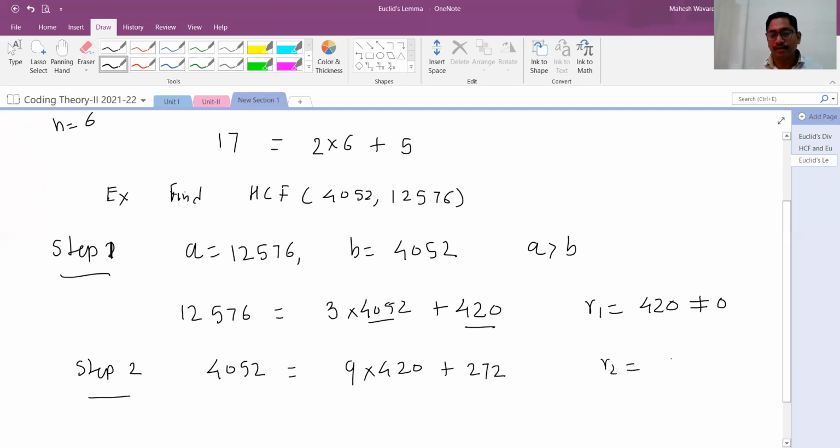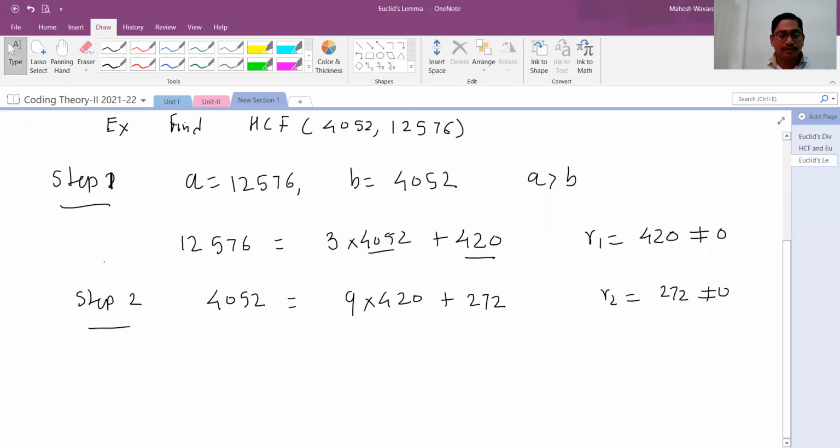This is the second remainder, 272, which is greater than 0, not equal to 0. Next step: if the remainder is not equal to 0, we continue. Now 420 becomes the dividend, 272 the divisor, and it occurs once and leaves remainder 148.